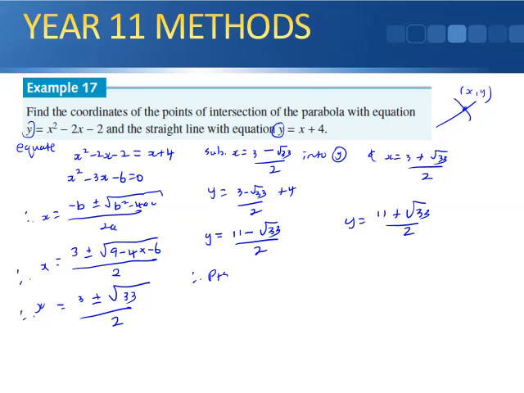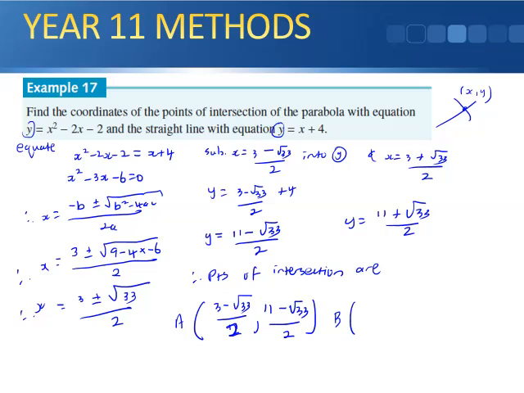Therefore, points of intersection are, the first one was the x of 3 minus the square root of 33 divided by 2, and 11 minus the square root of 33 over 2. Not 11, it's 2, sorry, oops. And then that's point A, and point B, you don't have to label them.